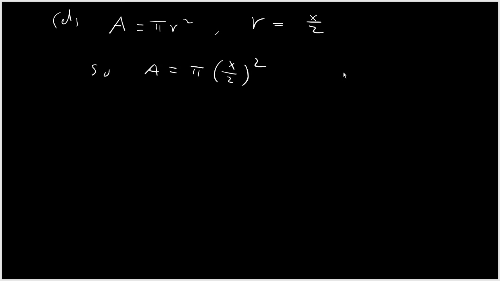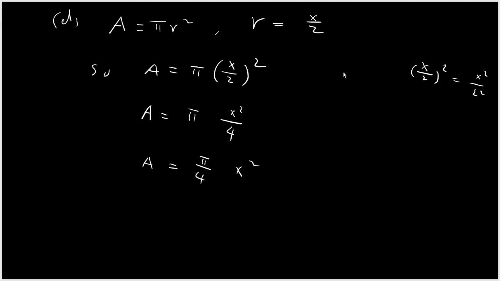So you have A equals pi times x squared over 4. I was using x over 2, the whole thing squared, which is x squared over 2 squared. You put all the constants together, A is equal to pi over 4 times x squared. That is the relation we want.